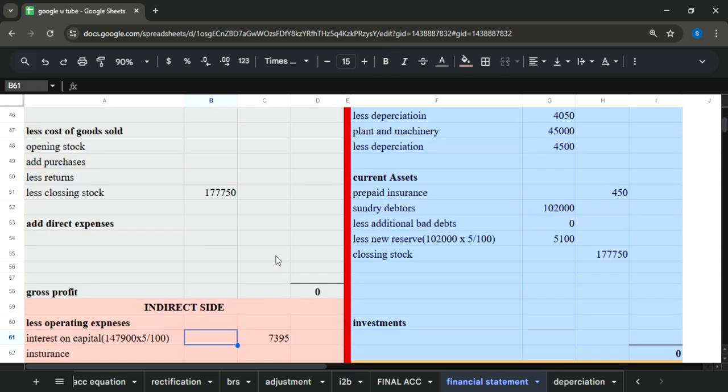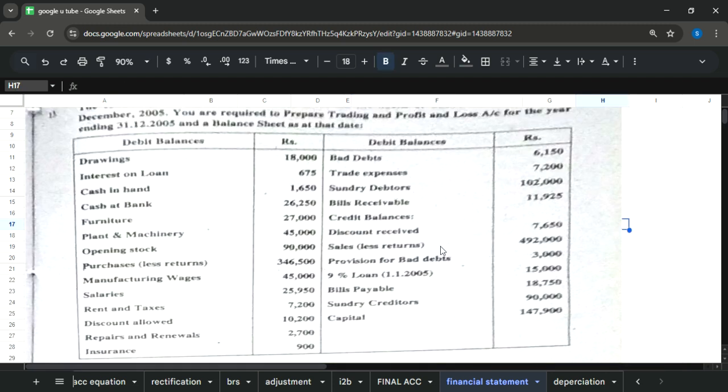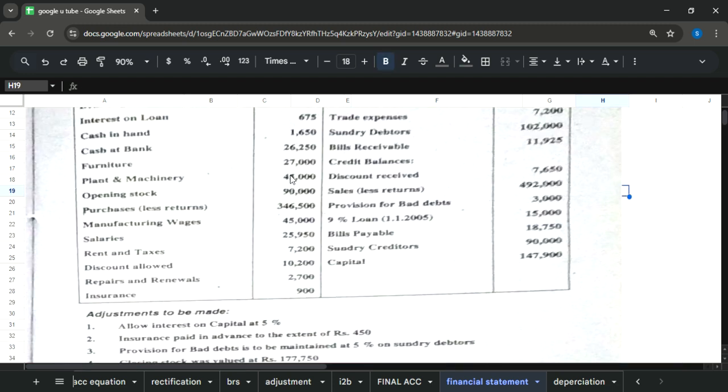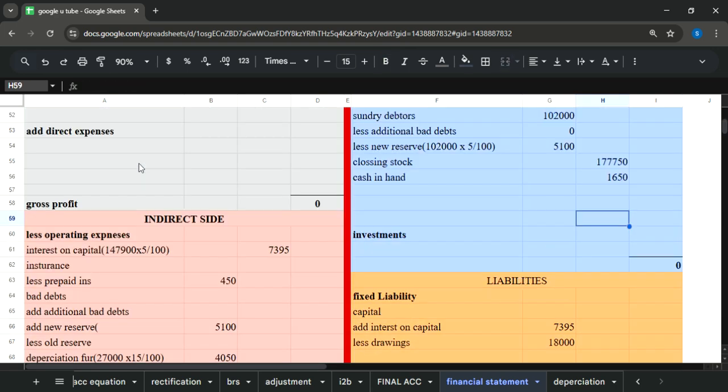Cash in hand is your current asset. So here you will mention cash in hand. Amount of cash in hand is 1650. So here 1650 you will write. After cash in hand, we have cash at bank. Again, it's also your current asset.